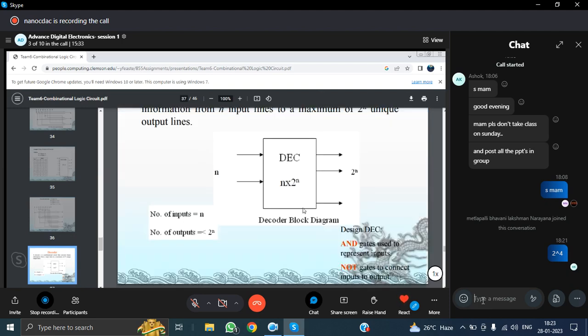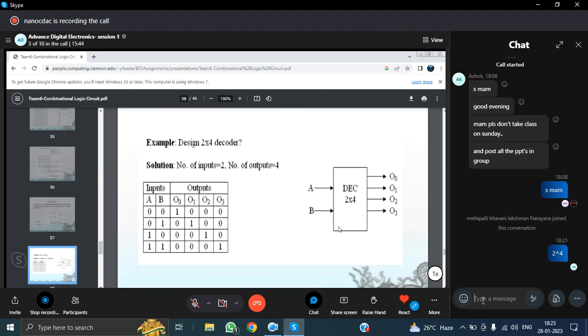So this is your decoder block diagram. Number of inputs are n, and you get 2 power n outputs. For a 2 by 4 decoder design, the 2 inputs are A, B and the outputs are O0, 1, 2, 3.